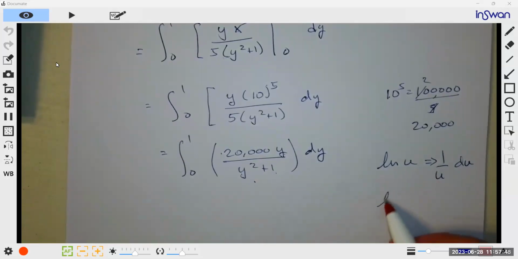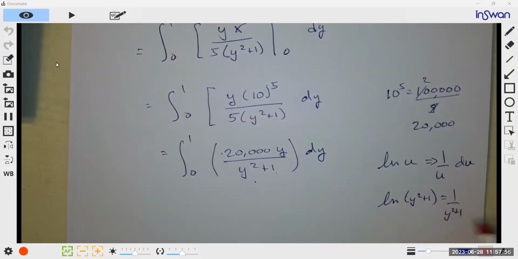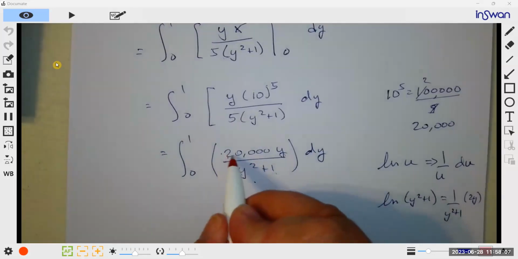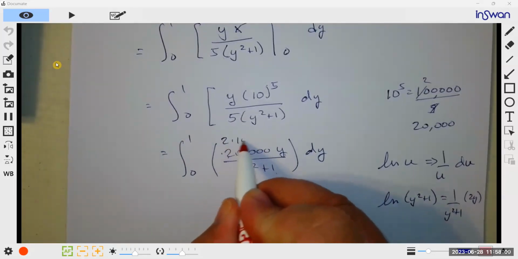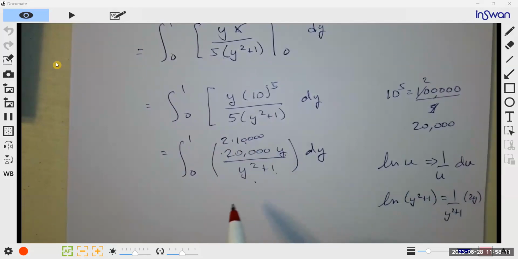So if we had the ln of y squared plus 1, the derivative would be 1 over y squared plus 1 times 2y, which is almost identical to this. We have the 2. The 2 is 2 times 10,000. So we have this exact combination.